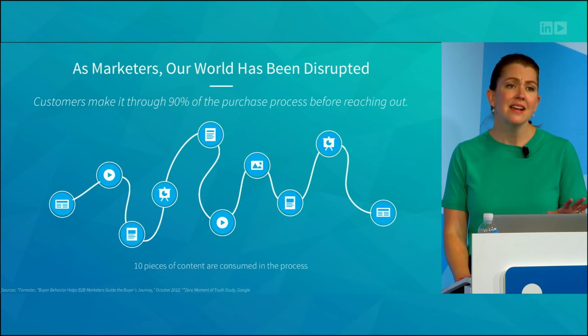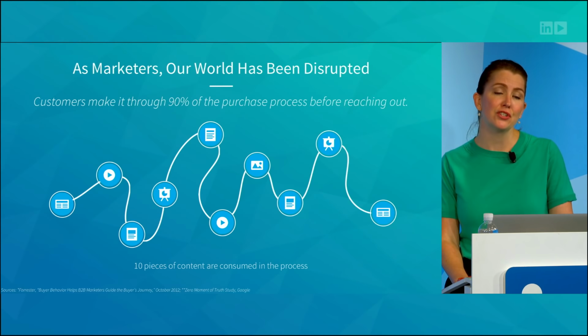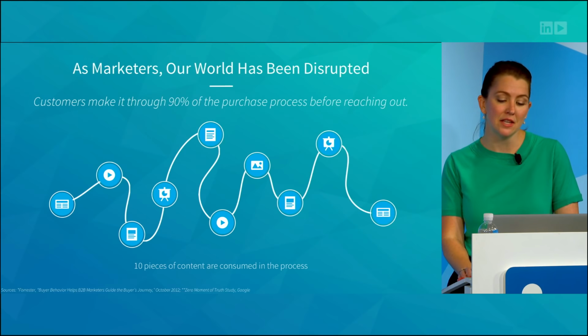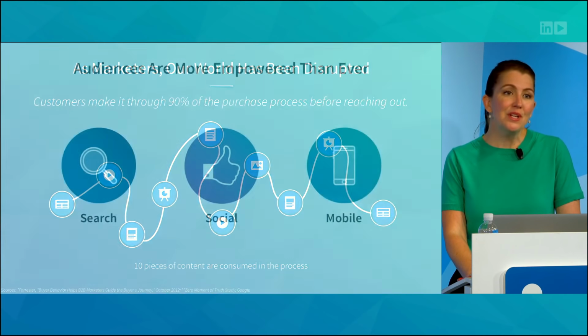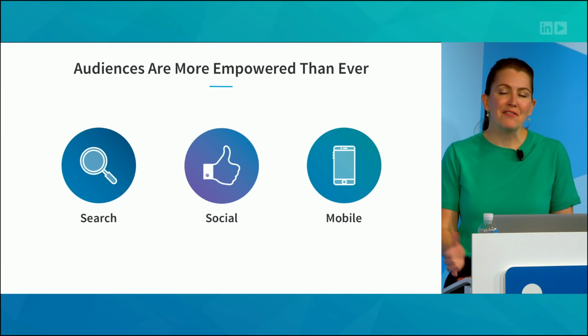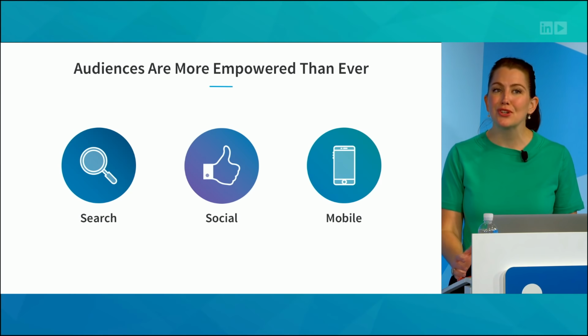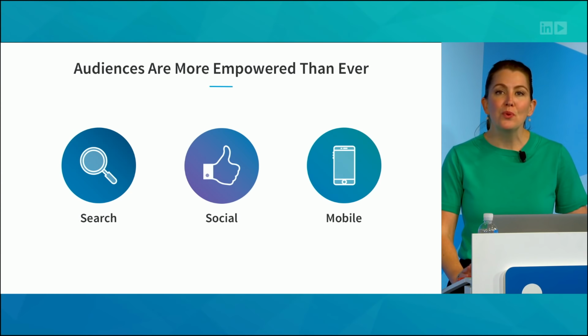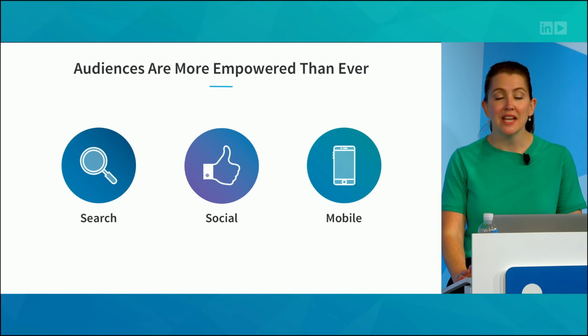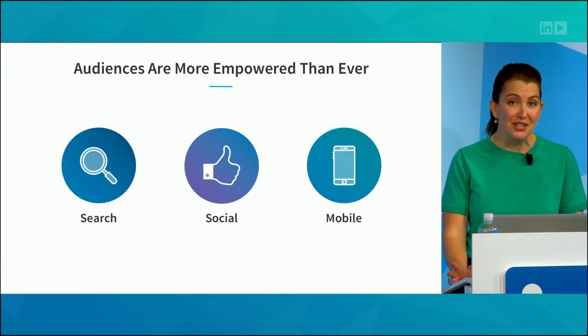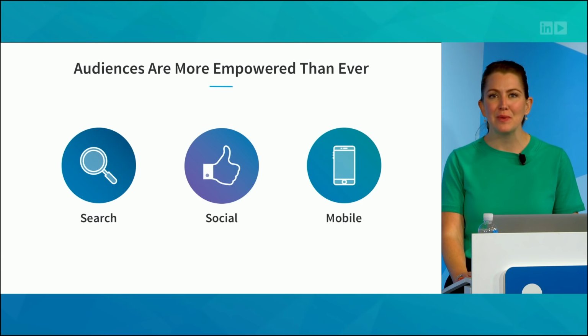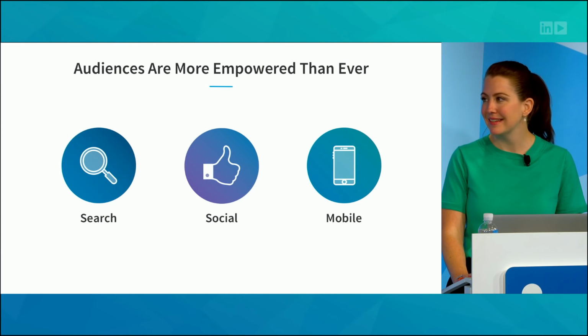And we can see that about 10 pieces of content are consumed in this journey that they're on. And really that's because everything is so accessible to them now through search, social, and mobile. We can really get whatever content we want at any point in time through any channel that we want it, mainly because we have these tiny computers that we carry with us everywhere we go.